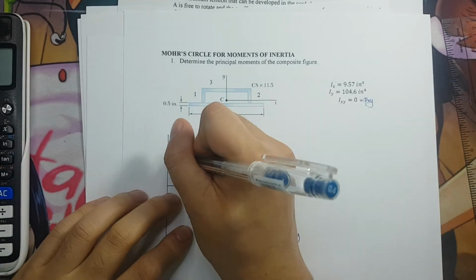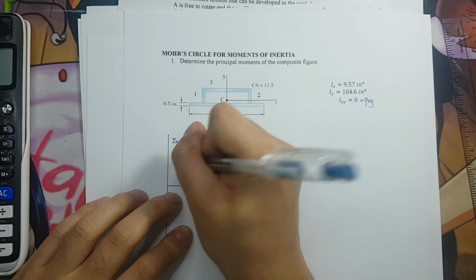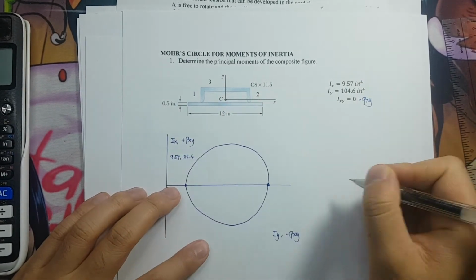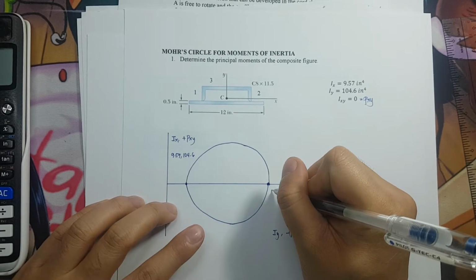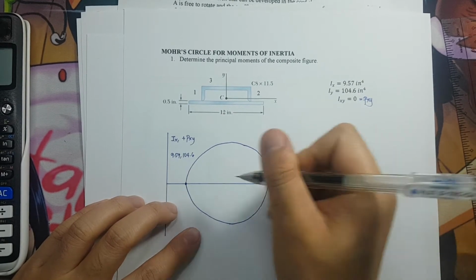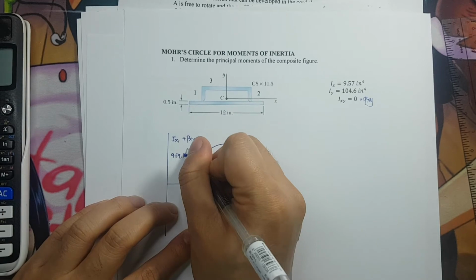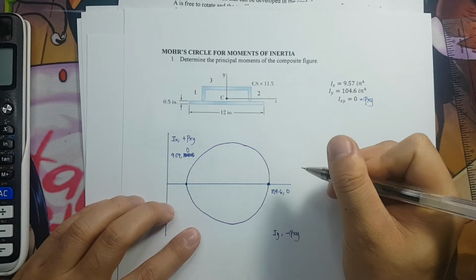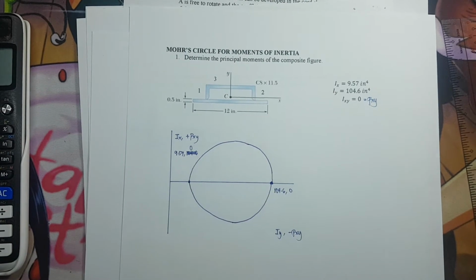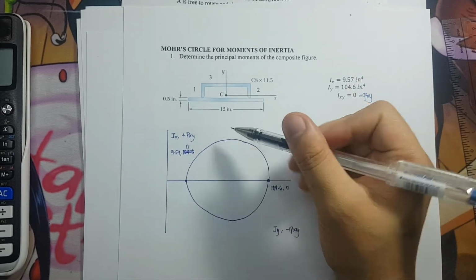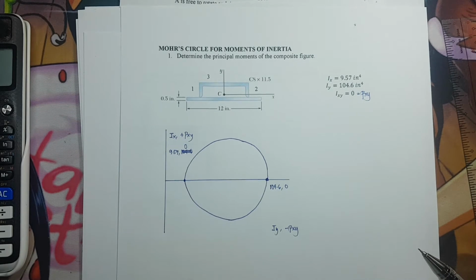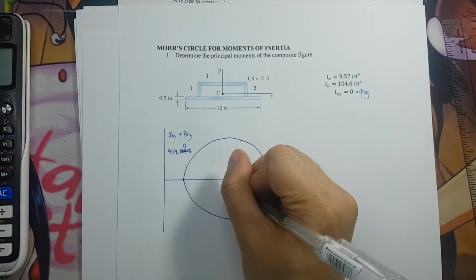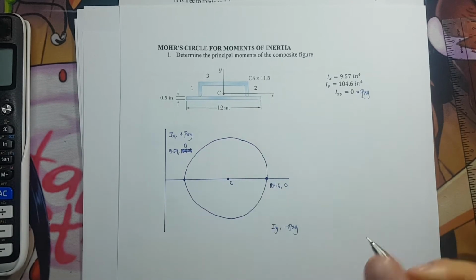So let's plot 9.57, then 104.6, then 0, then 104.6, then 0. Next, let's determine the center point.